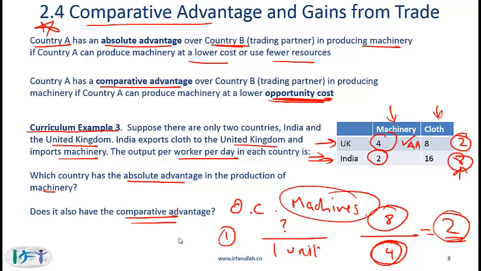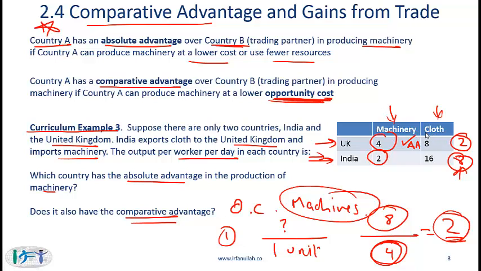Now you can do the same exercise for cloth and figure out which country has the absolute advantage and which country has the comparative advantage, and then you can go through the solution in the curriculum. In case you don't have the curriculum easily handy, the quick answer would be that India has both the absolute advantage and the comparative advantage with respect to cloth.